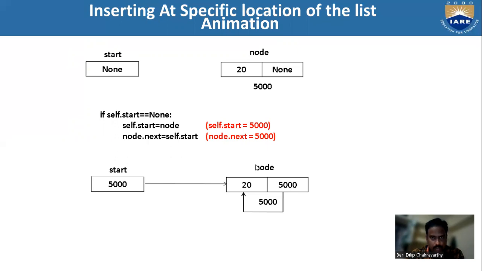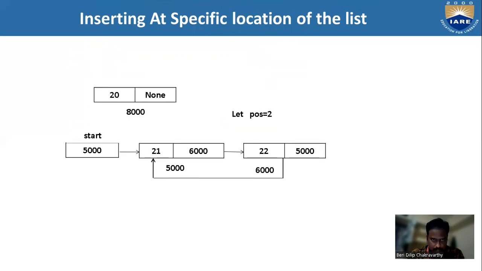Okay. Suppose there are elements in the list like this, for insertion at a specific location. Then I'm trying to insert at position 2. I need to check. First, I will consider this one as temp, and I will check whether I have reached the position.